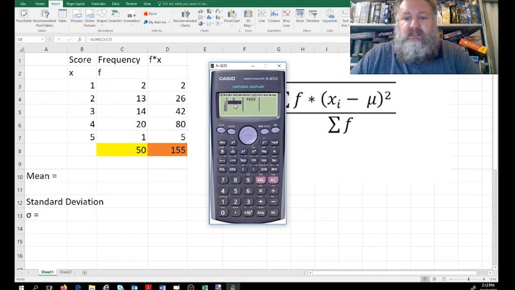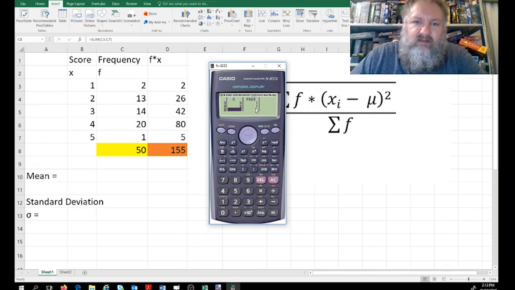So let's put in the values for each of our X values here. So 1 is our first, then 2, 3, and you'll notice that it's giving a frequency already of 1 for each of these. Now we're going to change that.